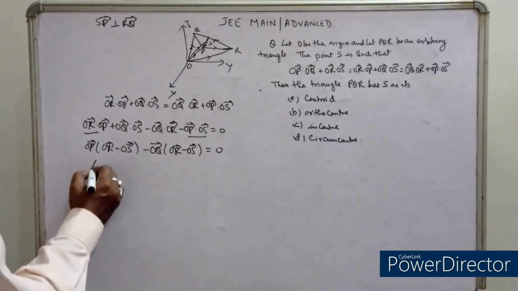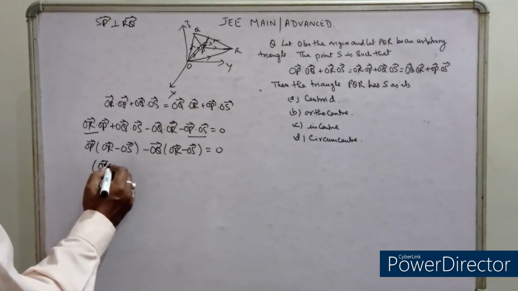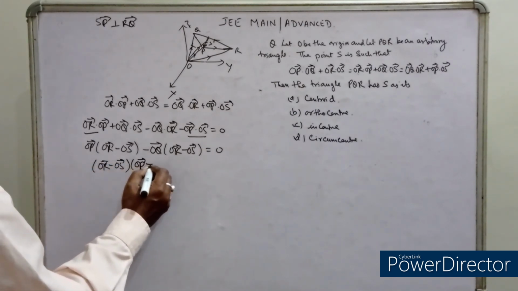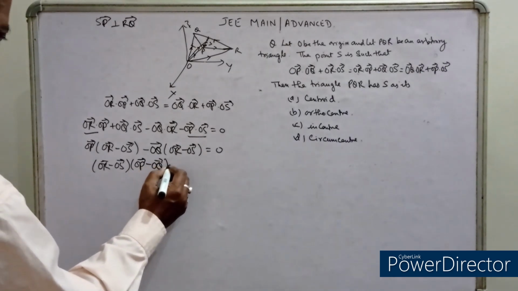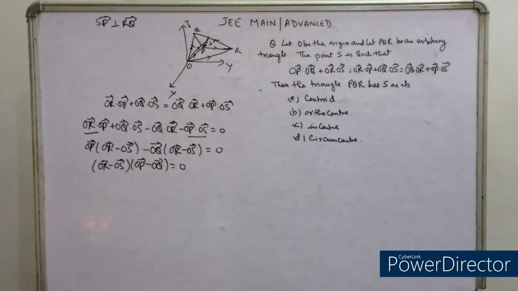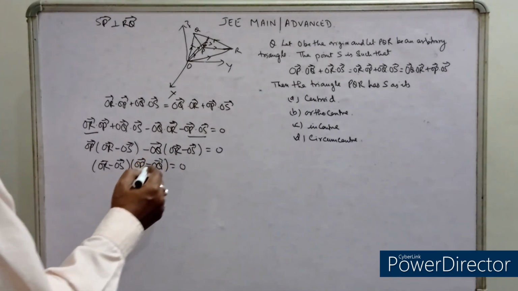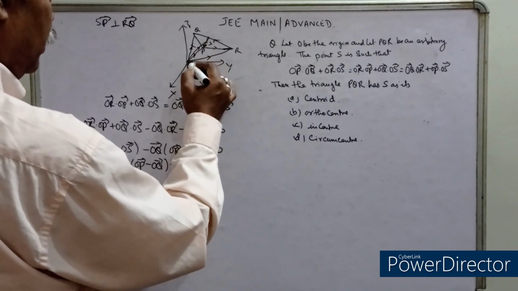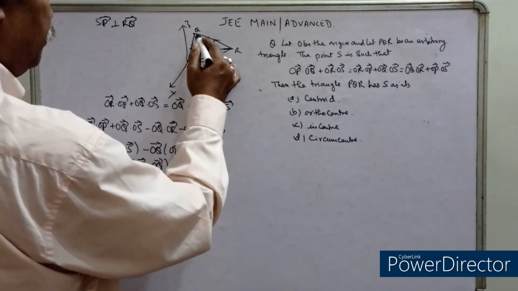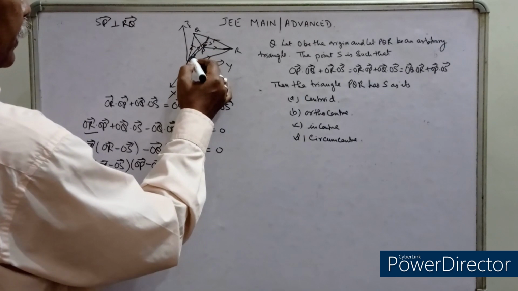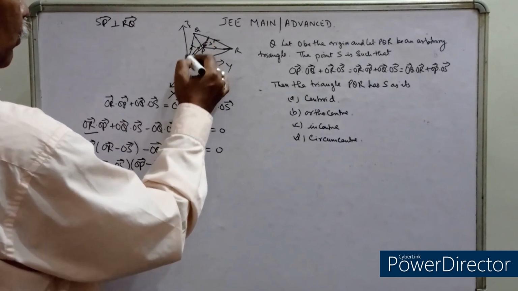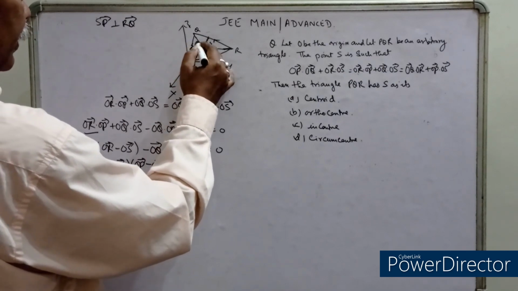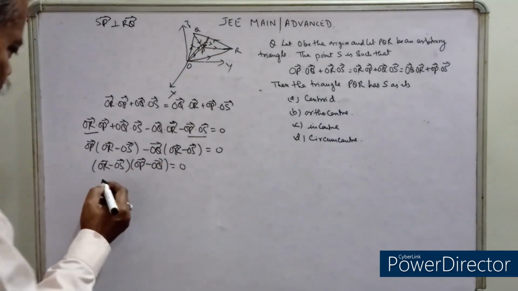So here this will be OR vector minus OS vector and OP vector minus OQ vector, equal to 0. Now OP vector minus OQ vector, that means this plus this equal to OP, so OP vector minus OQ, that will be this plus this, so this is QP vector.